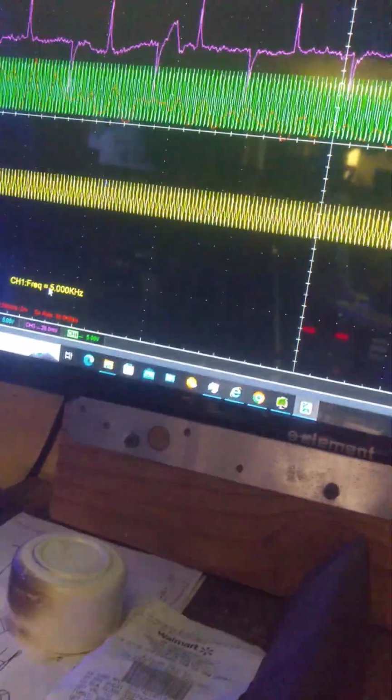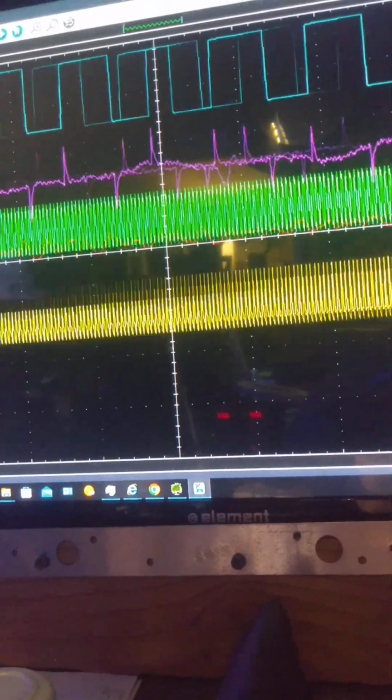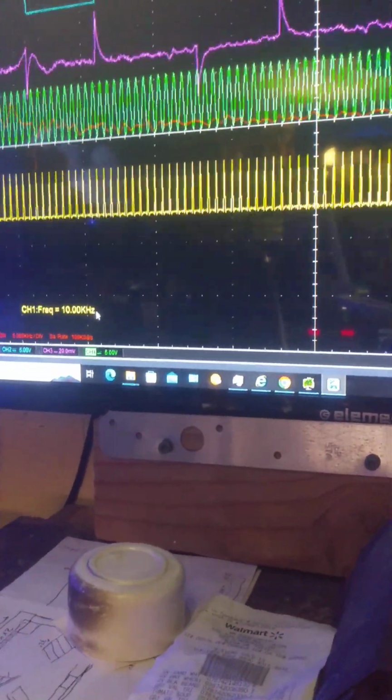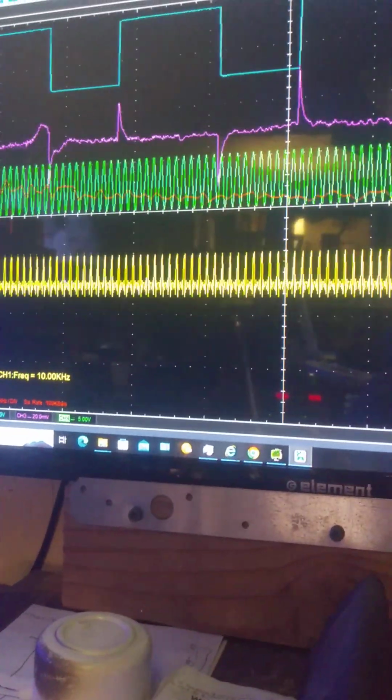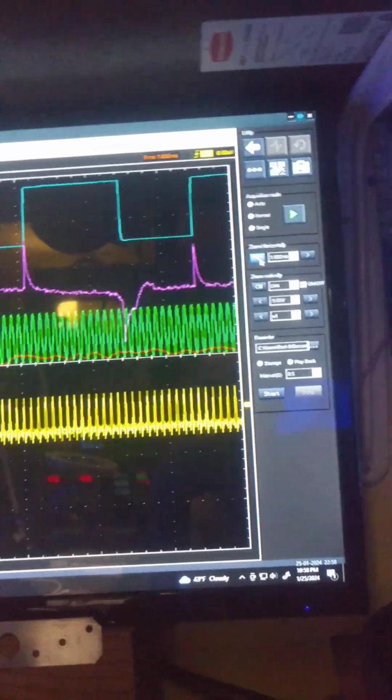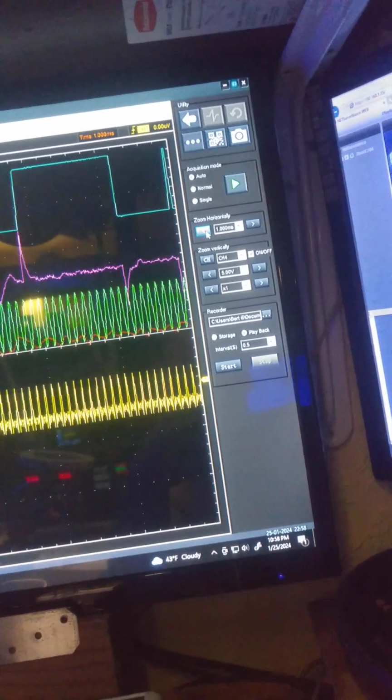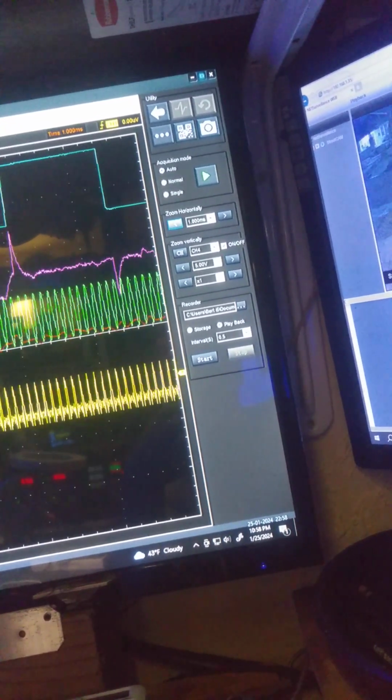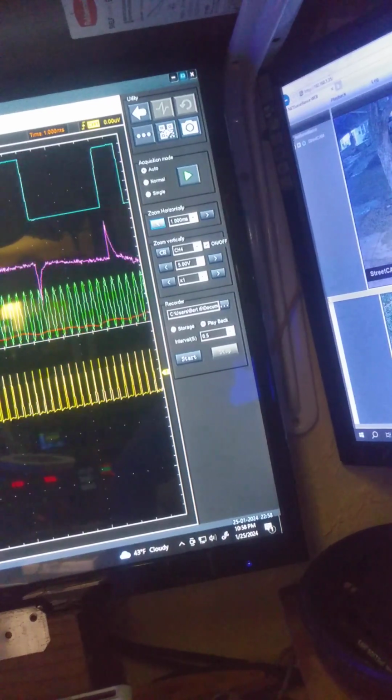But at any rate, we got it at 5 kilohertz now on this signal down here. That's getting close. Okay, now it's finally giving us a real reading of 10 kilohertz on the frequency. That's at 1 millisecond per division. So that's kind of what you would expect.